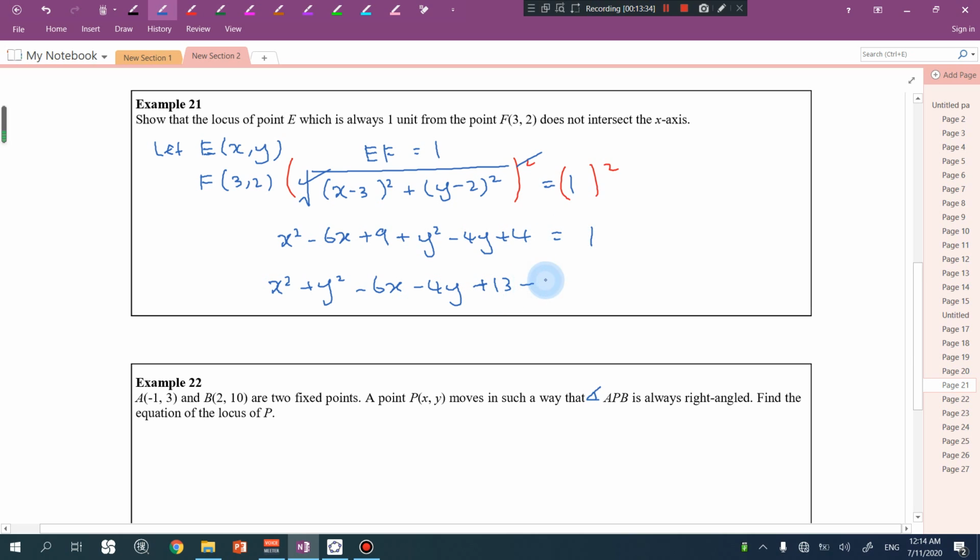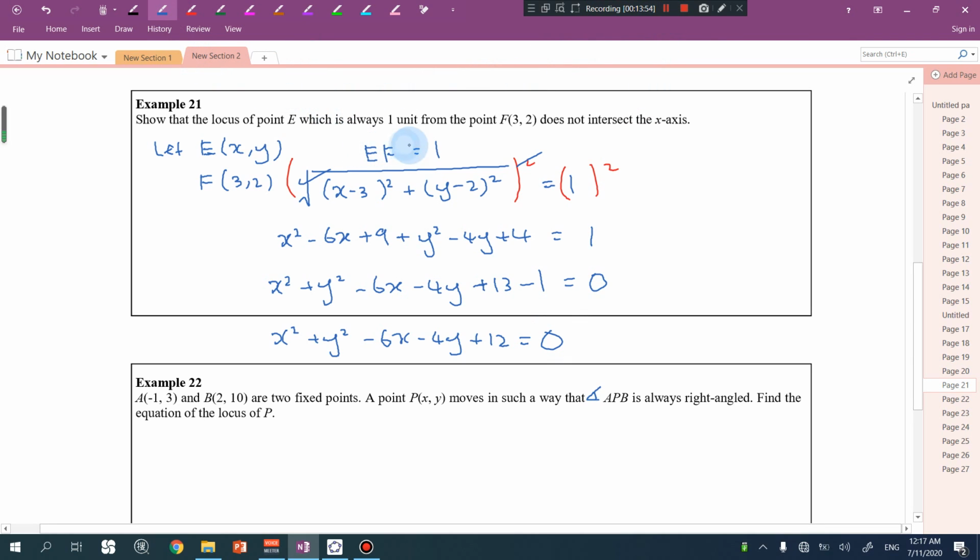Okay, then bring the 1 over here, become minus 1. Okay, this is 0. X squared plus y squared minus 6x minus 4y plus 12. Okay, let me check again. It's equal to 0. Okay, so correct.